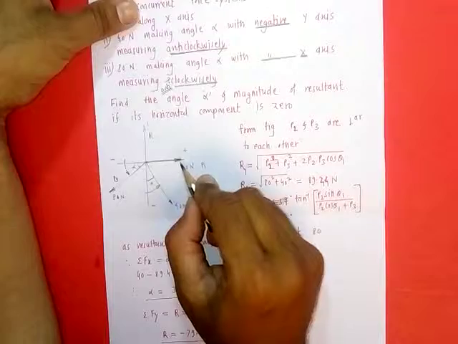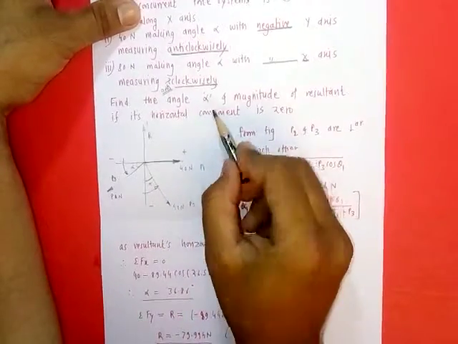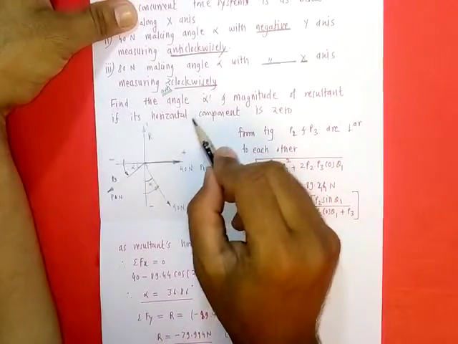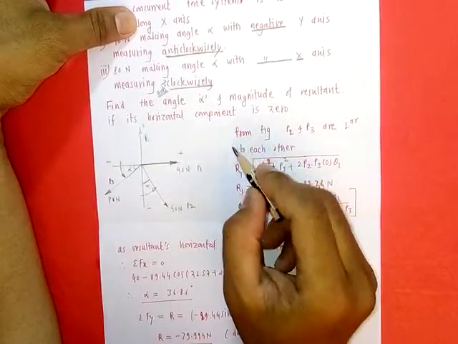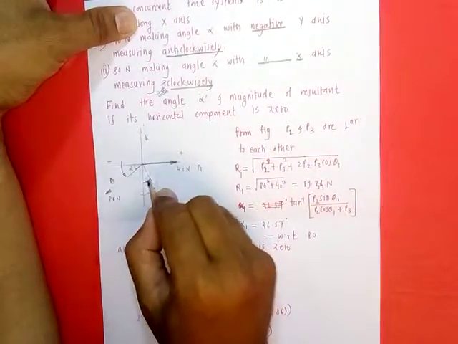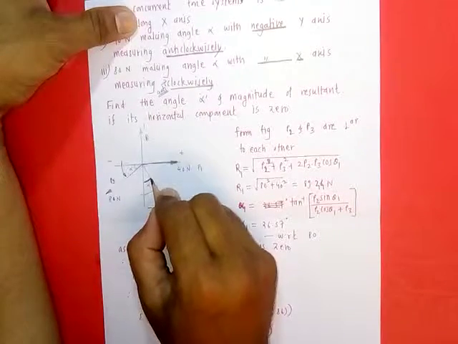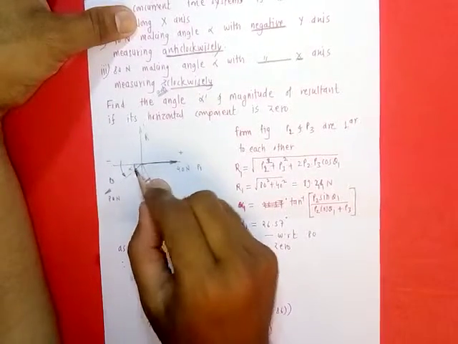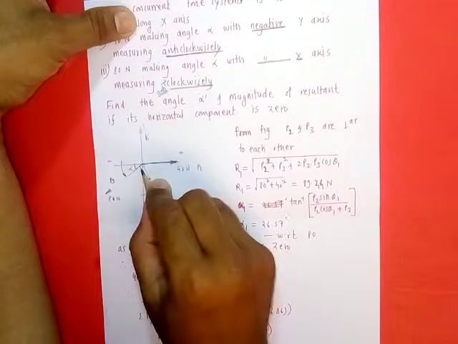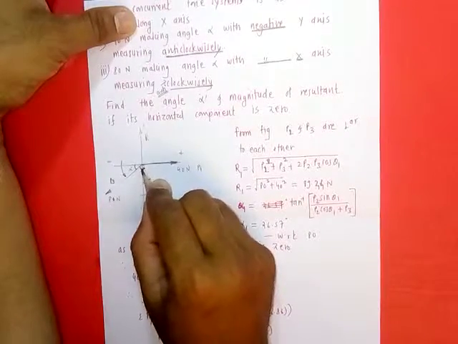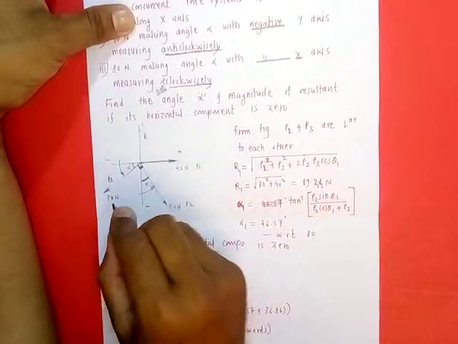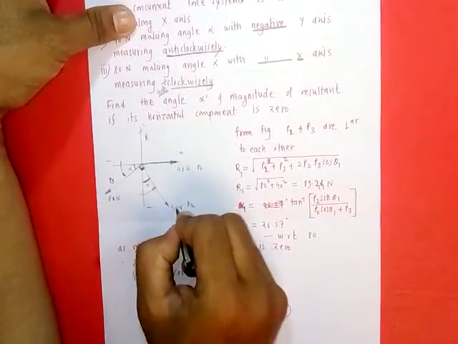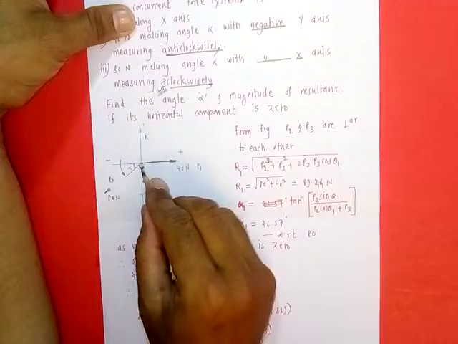Now to solve problem, here we have to find out alpha and R. From figure we can conclude that this angle is alpha, this angle is given again alpha, so the angle between these two forces must be 90 degree. That is angle between 80 Newton and 40 Newton must be 90 degree.